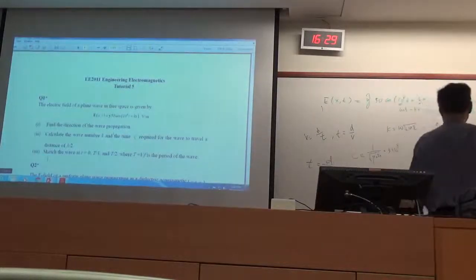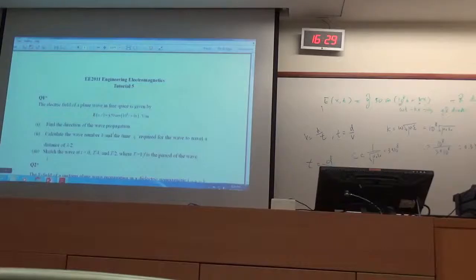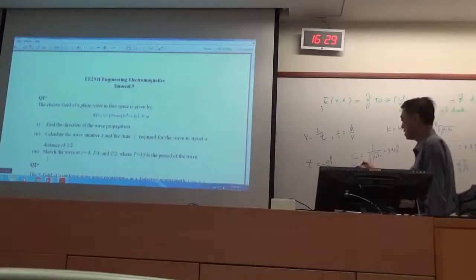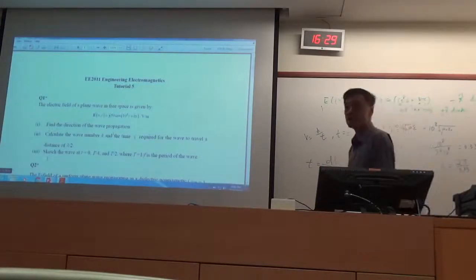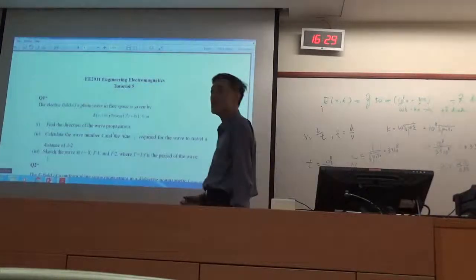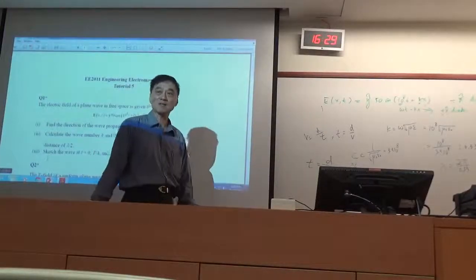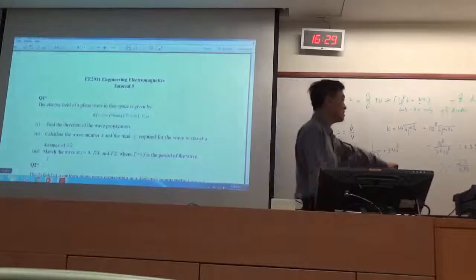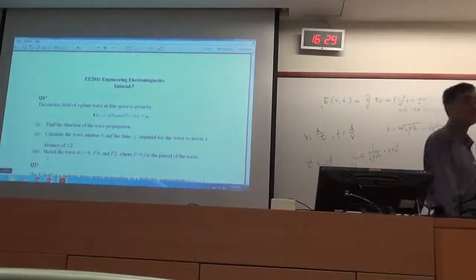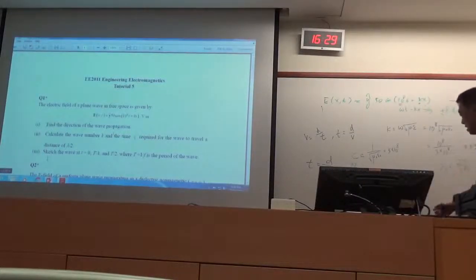Now, k is equal to 2 pi over lambda. So lambda is equal to 2 pi divided by 0.33. So you have the lambda by 2 here. Correct? Yeah. But actually I don't have to calculate this one.